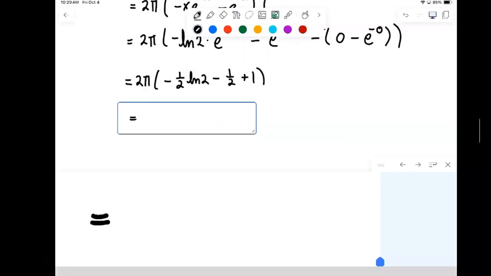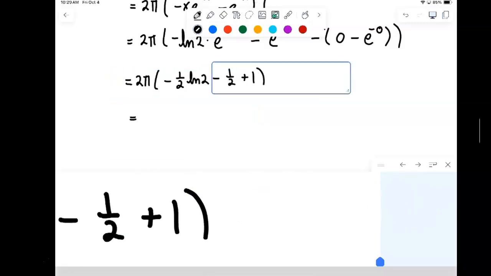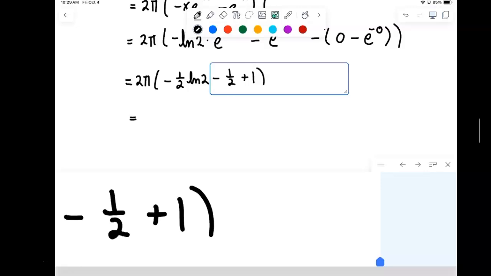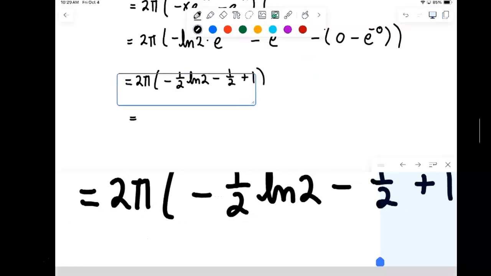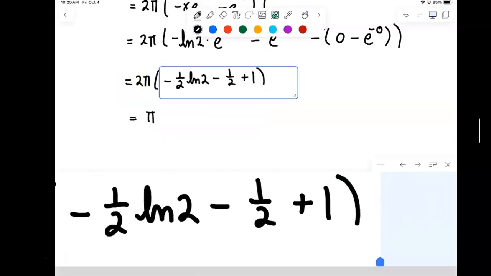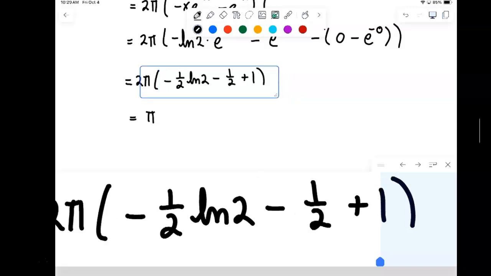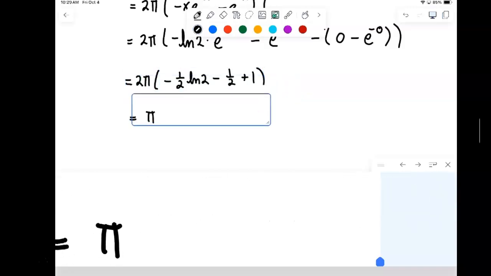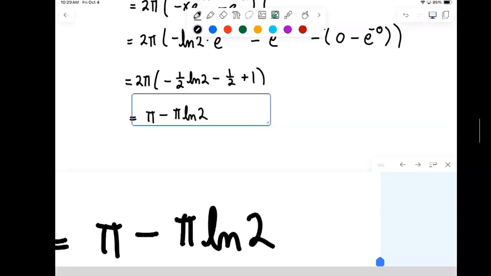So all things told, this is what we get. Minus 1/2 plus 1 will be 1/2. 1/2 times 2 will just be 1, times pi will be pi. And then we have 2 times the minus 1/2, which would be 1. So that's going to be pi minus pi times the ln of 2.